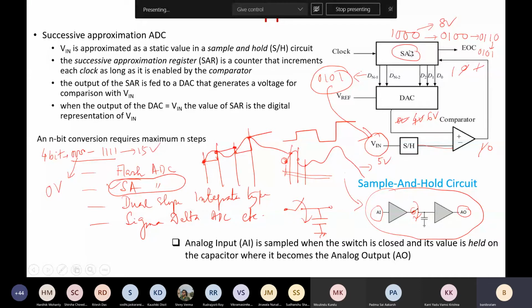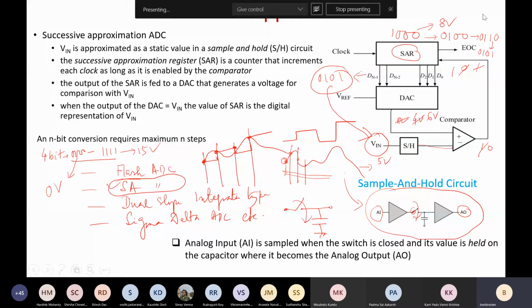If I consider a 4-bit ADC, then it will store 1000. If it is a 5-bit ADC, then what would be the value? 10000. So it typically stores this half value, and that is the predefined initial value, you can say.